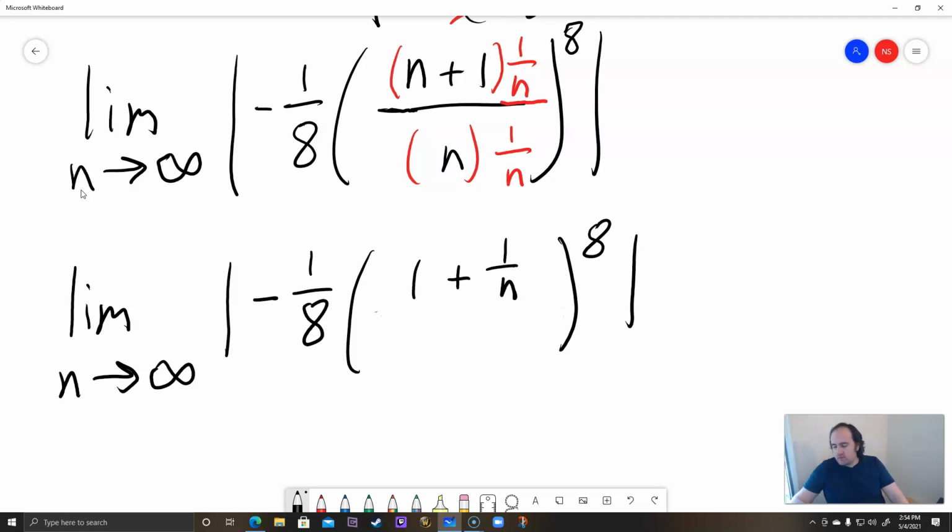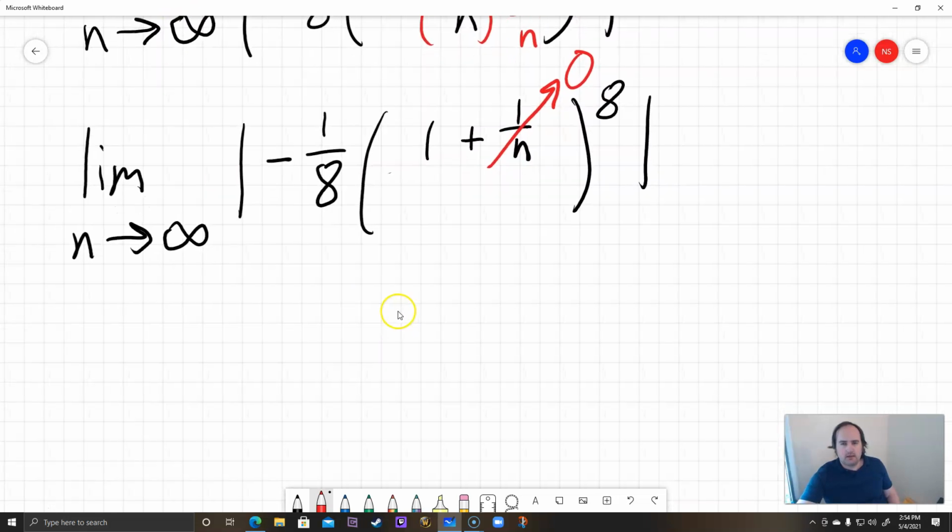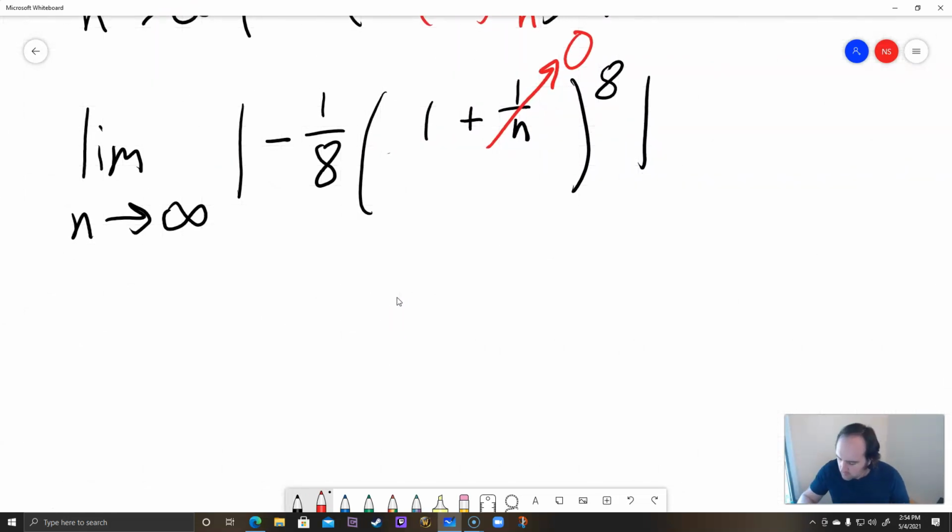And then for the 1 plus 1 over n to the 8, we can plug in infinity there, and we know that as n goes to infinity, 1 over n is going to go to 0. So actually a lot of stuff simplifies now. All we're really left with is the absolute value of negative 1/8 times 1 to the 8.